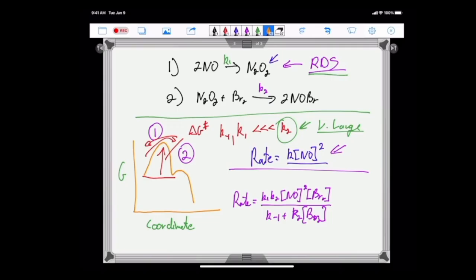Now, this is our simplified rate equation after knowing the rate determining step is the first one.